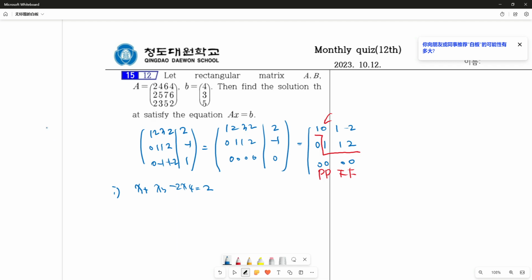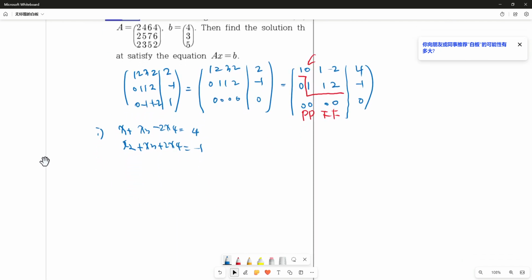Sorry, I missed one column. Here it is minus 2x4 equals 4, and x2 plus x3 plus 2x4 equals negative 1.